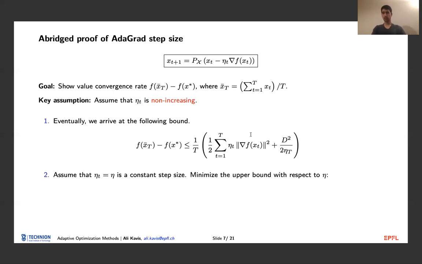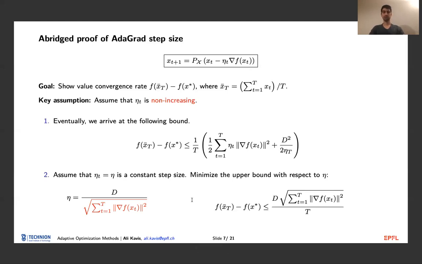It is a convex function that we can optimize to find the best bound and the corresponding step size. We take the derivative, equate it to 0, and find the eta that gives the optimal value. That gives us the step size, and if we plug it into this expression, we obtain the following convergence rate.